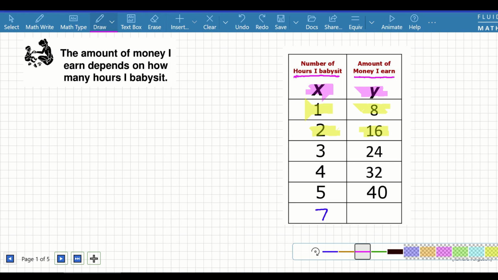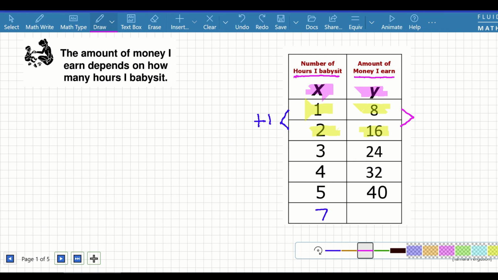So when I'm looking for patterns, I can see that the change in my X value from the first to the second row is an increase of 1. And I can see off to the right in my Y values that the difference between 8 and 16, from the first and second row, is an increase of 8.